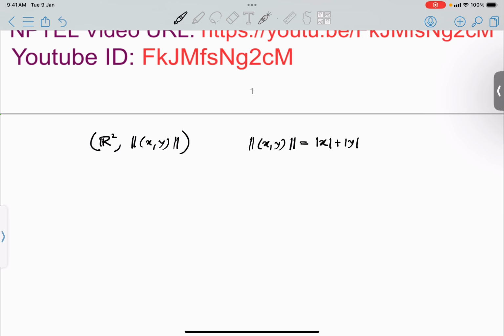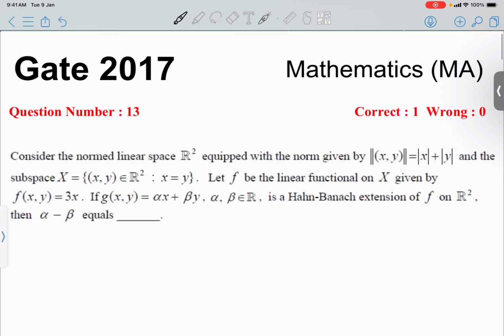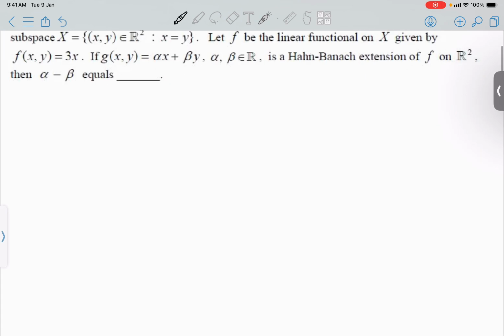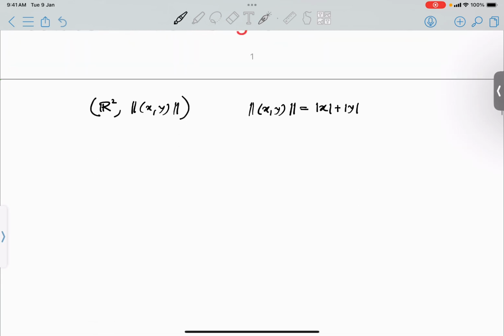This is sometimes also called the L1 norm. And what else is given? X is a subspace of R2, all (x, y) in R2 such that x equals y. So this is a diagonal subspace.